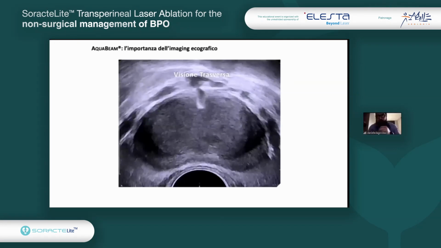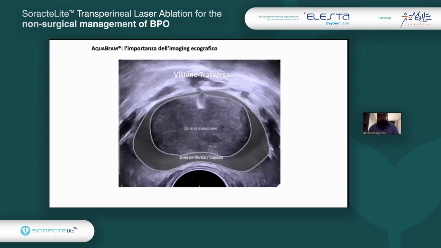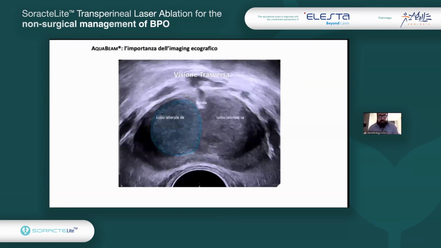The procedure is ultrasound guided, in real time. We have an axial ultrasound view of the prostate, and we can identify the treatment area in the adenoma, in the central adenoma of the prostate.